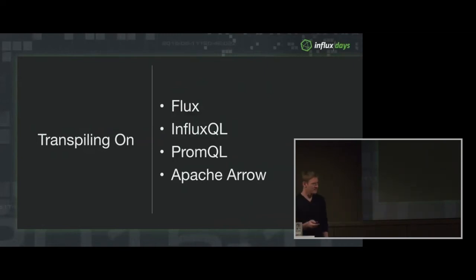So the goal for Flux isn't so much about the syntax. It's really about being able to express richer queries that combine multiple interactions with the database. It's about being able to produce a single, internally stream-oriented, kind of guardrailed query system that we can then transpile lots of different syntaxes to.